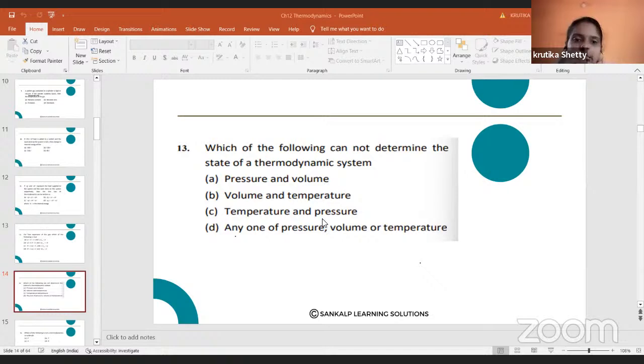Any single independent variable is not possible to calculate. That is option D. So a single variable cannot determine the state by using the thermodynamic processes.